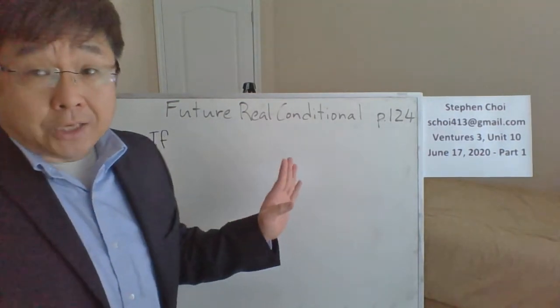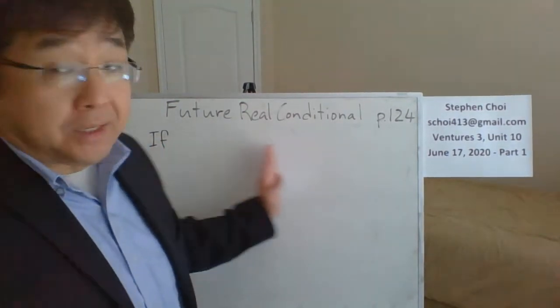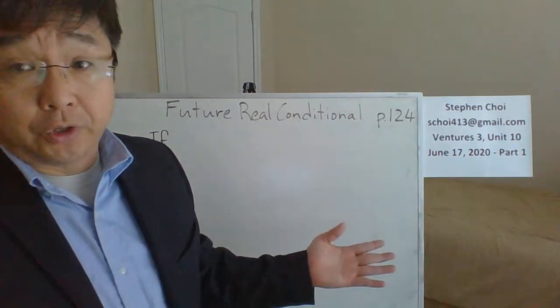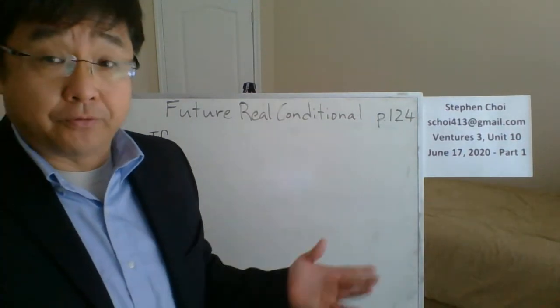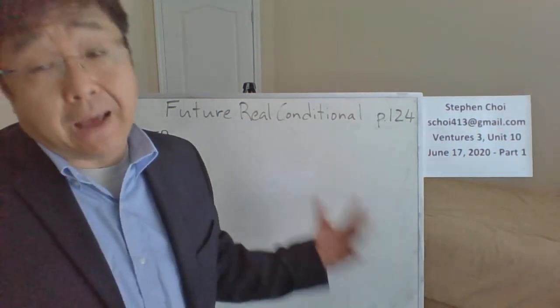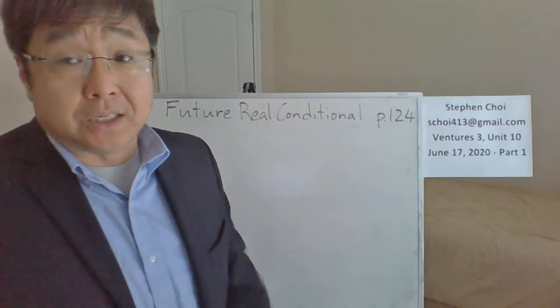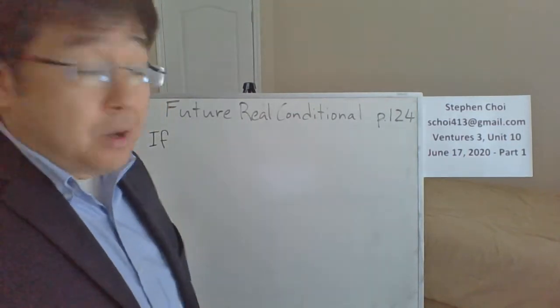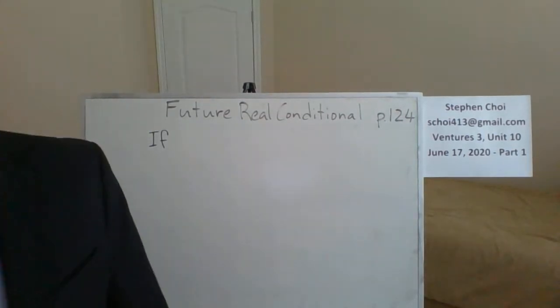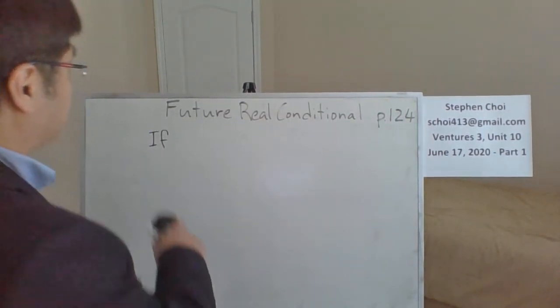Actually, when we make these sentences, we're imagining or guessing what might happen in the future. But we say real because it could really happen. It's not something that's impossible. That's why we call it future real conditional.